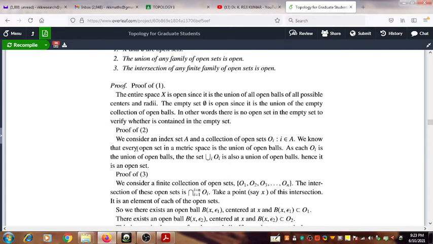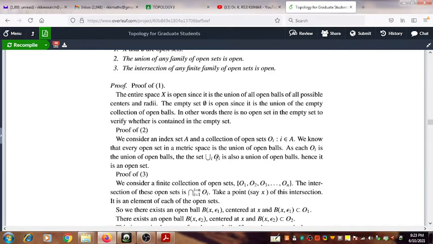We also know that every open set in a metric space is the union of open balls. You have to recall that from the definition. Since O1, O2, O3 are all open sets, each of them can be expressed as a union of open balls.